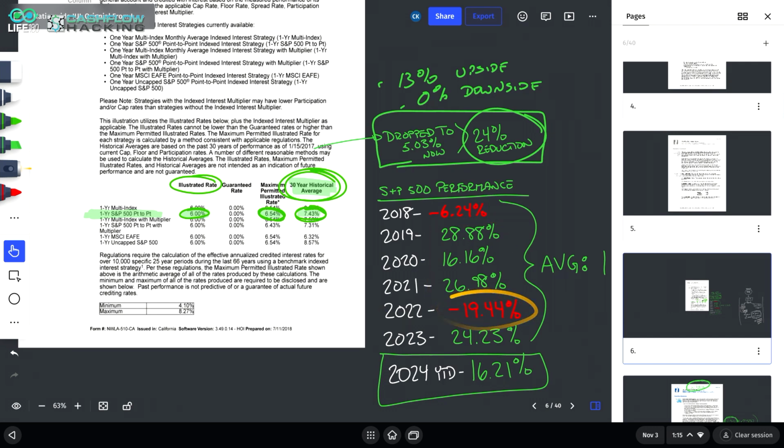But guess what? The sale would be, wow, even though you had negative 19.44%, you'd be zeroed out in these years. So you'd have a 0 with indexing, a 0 with indexing, but then 11, 11, 11, 11, right? So that would be really positive, right?